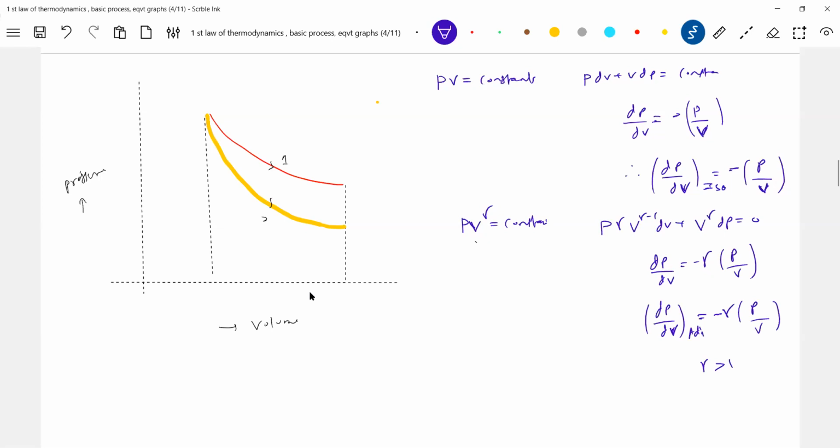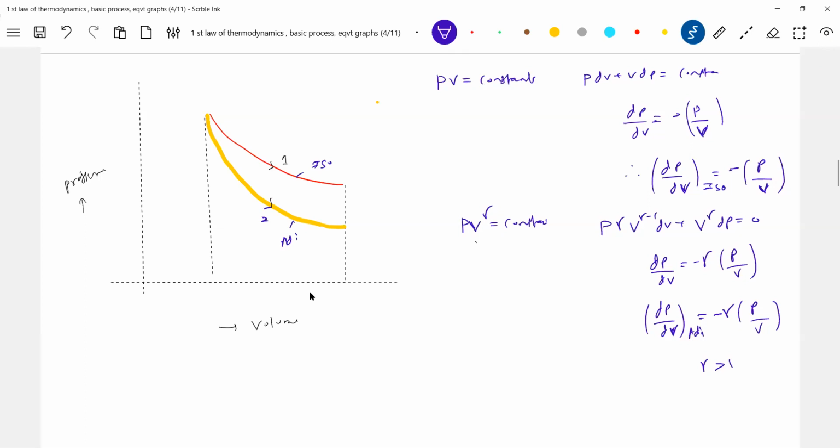Monatomic 5 by 3, diatomic and so on. So if I want to compare which will be adiabatic and which will be isothermal, gamma times more, the slope is more negative. Therefore this will be adiabatic, and this will be isothermal.